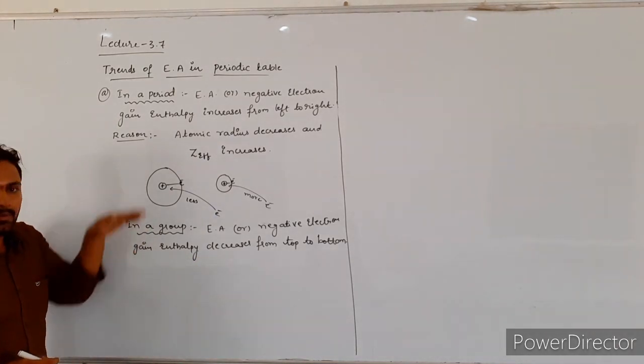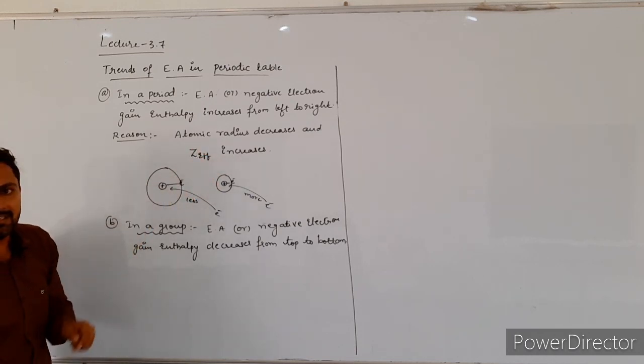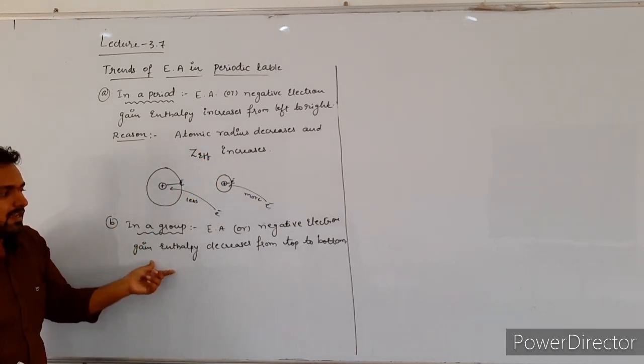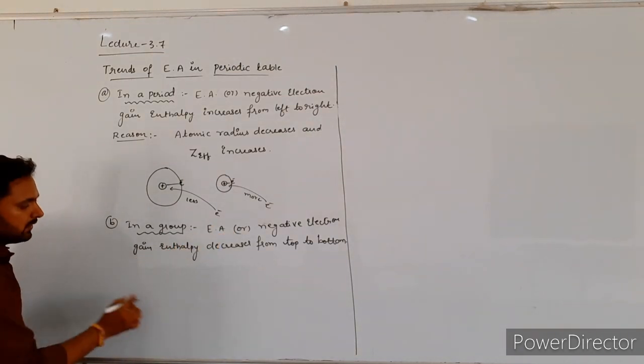Why does the electron affinity or negative electron gain enthalpy decrease from top to bottom? Because from top to bottom, atomic radius increases and effective nuclear charge decreases. That's why electron affinity or negative electron gain enthalpy decreases from top to bottom.